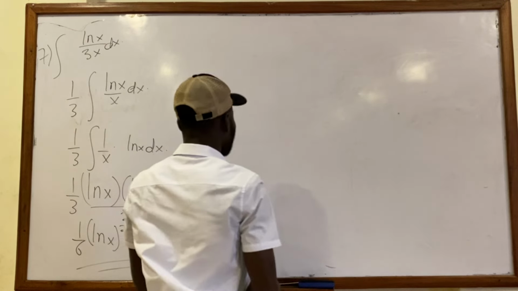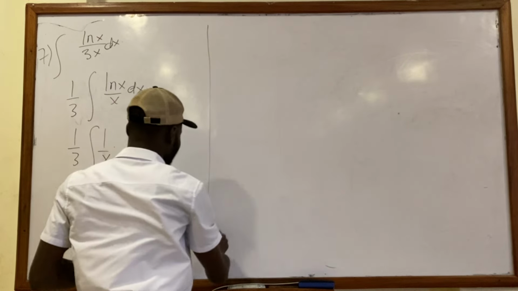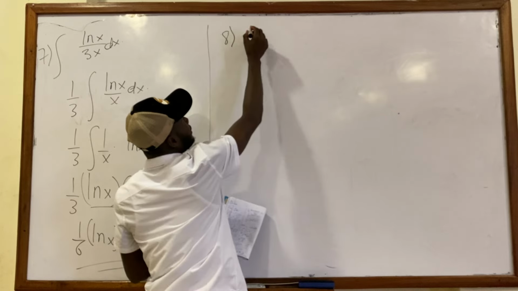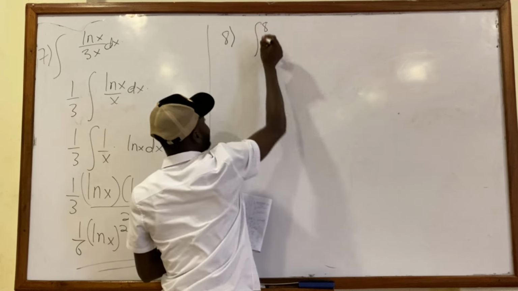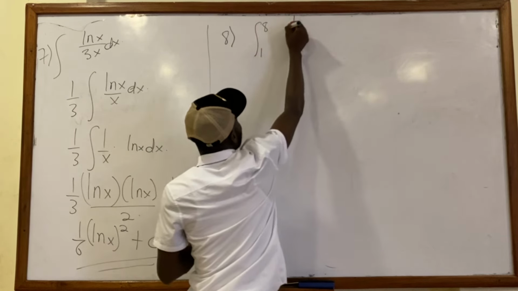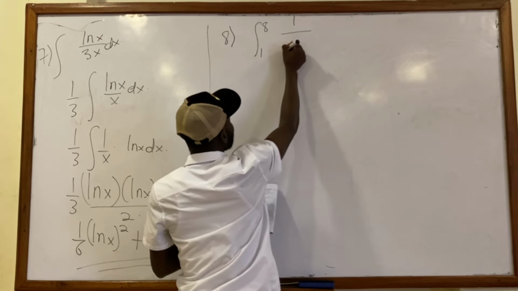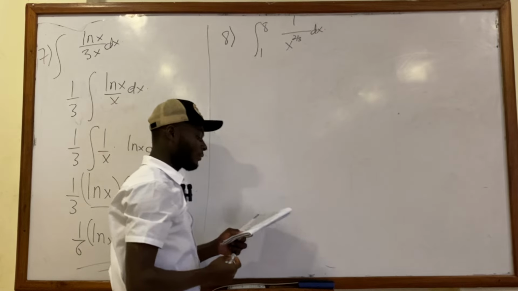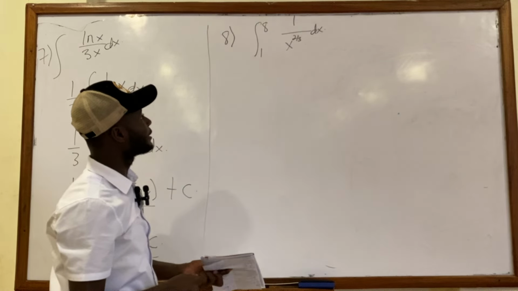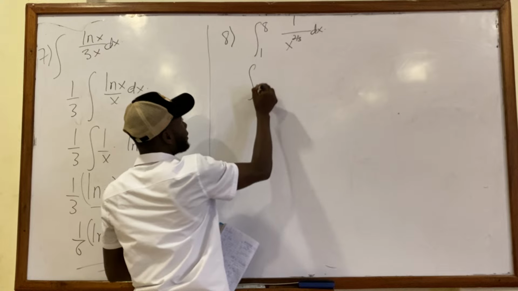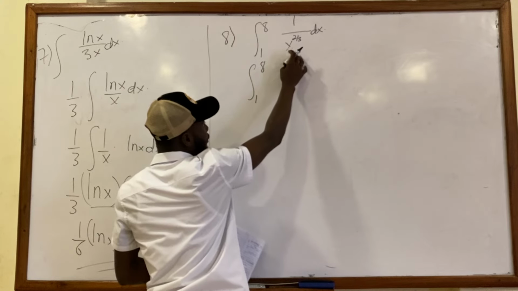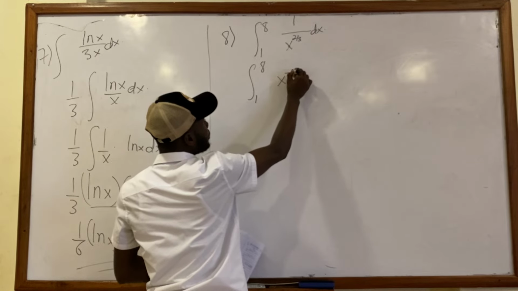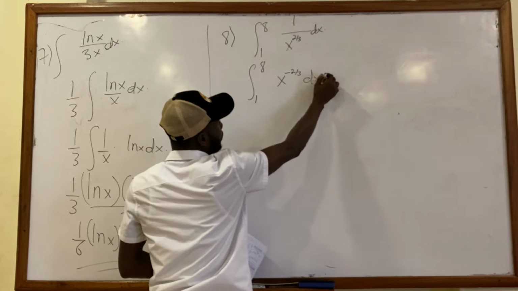Question number 8. We want to evaluate this particular function, from 1 to 8, the integral of x power minus 2 over 3 dx. All right. So to evaluate this, let's change this particular function from fraction to whole.